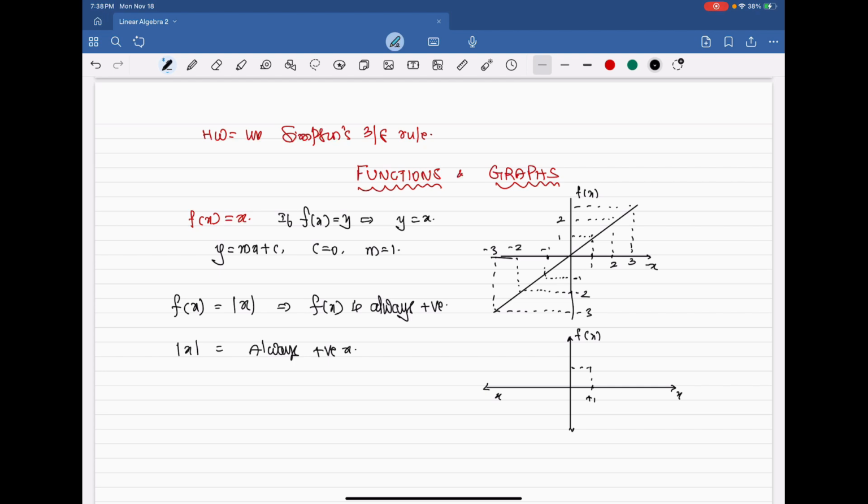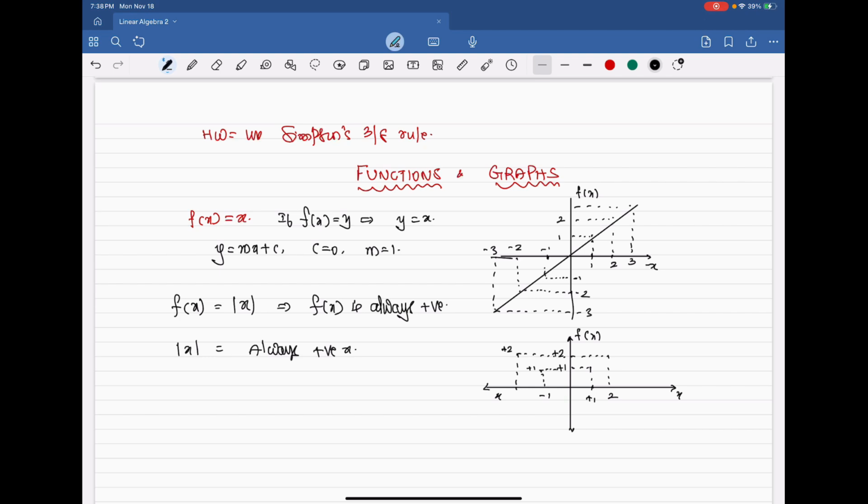When x is equal to 2, it is plus 2. When x is equal to minus 1, then also function x is plus 1 only, because it is absolute value. When x is equal to minus 2 also, this is plus 2 only.